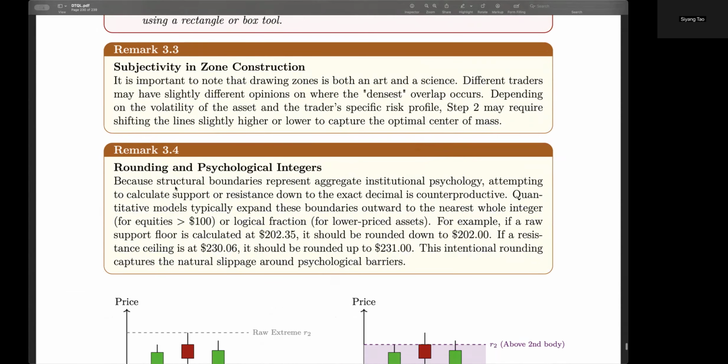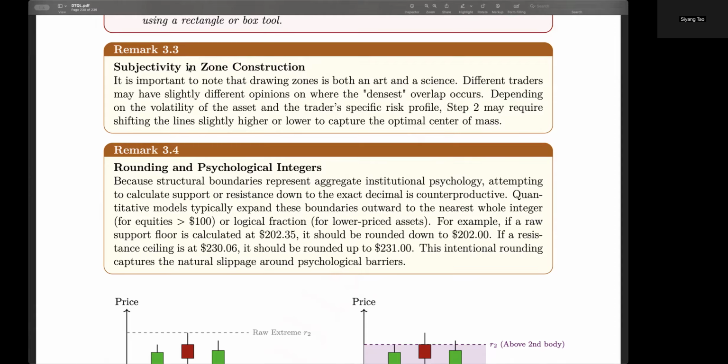I make a remark here. We're mapping aggregate institutional psychology, so attempting to calculate a zone down to the exact penny is counterproductive. We expand our boundaries outward to the nearest whole integer to safely capture natural algorithmic slippage.